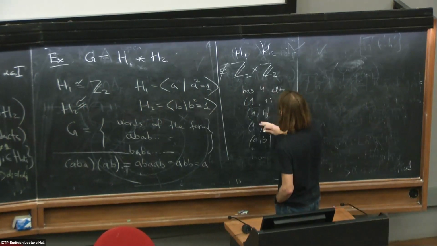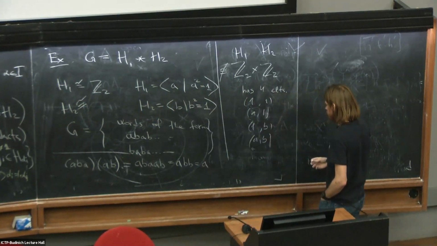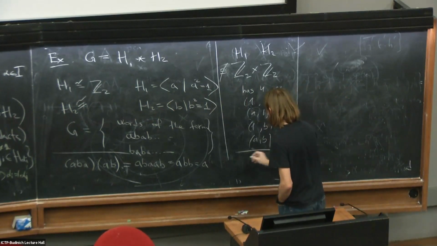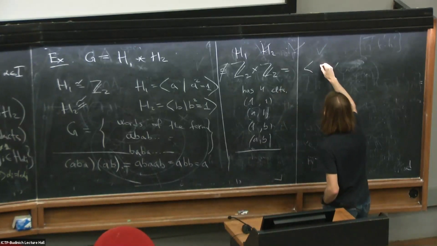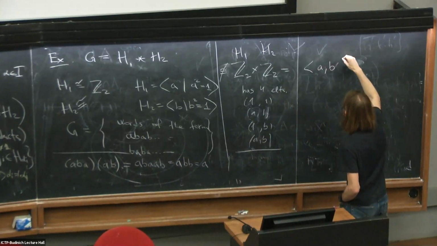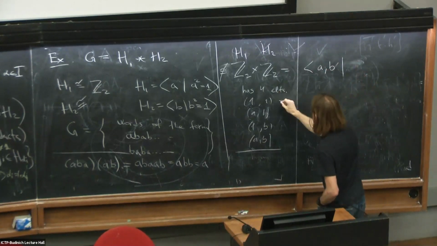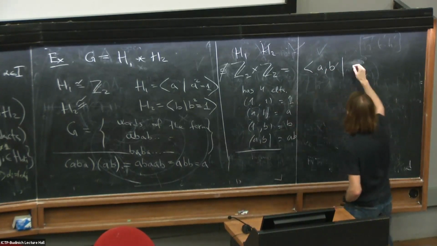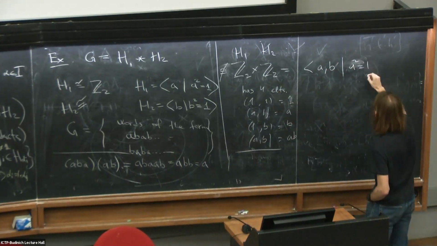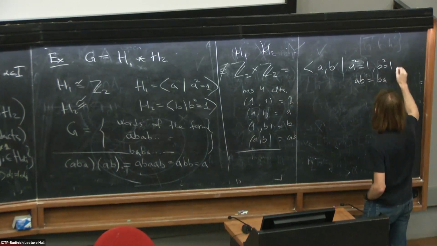You can also understand this product as a group generated by just A and B, so that this is 1, this is A, this is B, and this is AB. But you have a relation A squared equals 1, a relation B squared equals 1, but you also have a relation that AB is the same as BA.